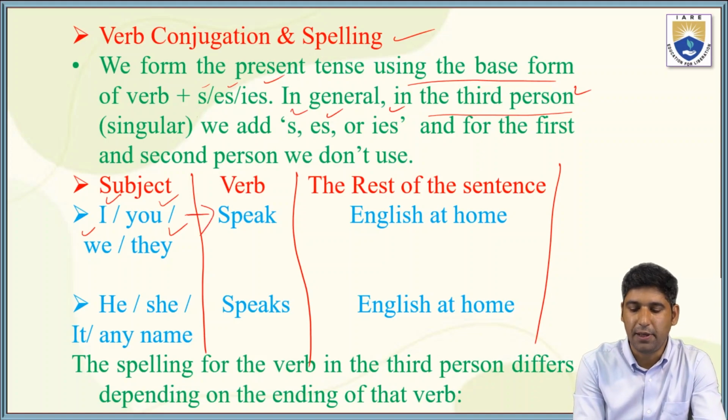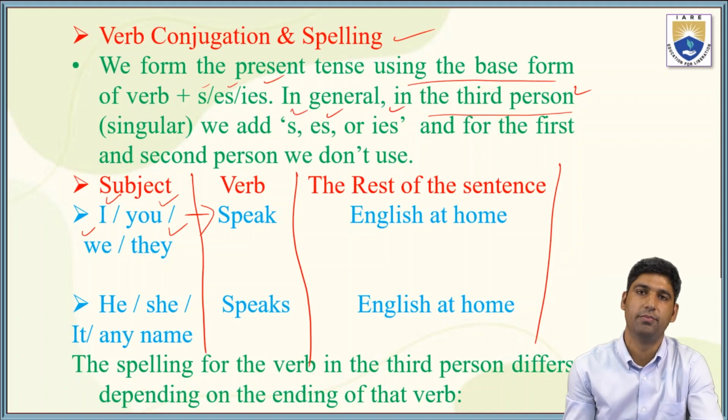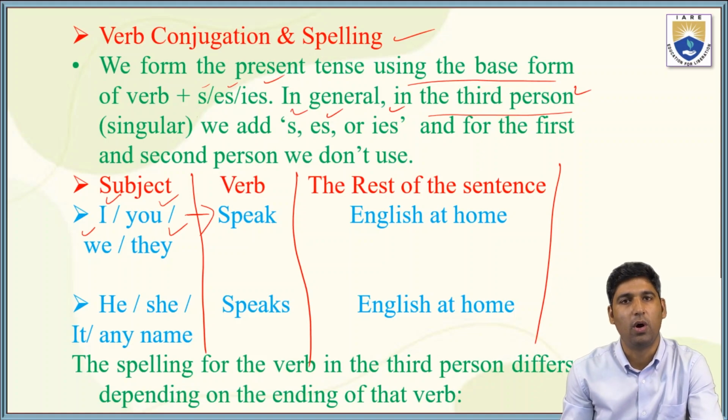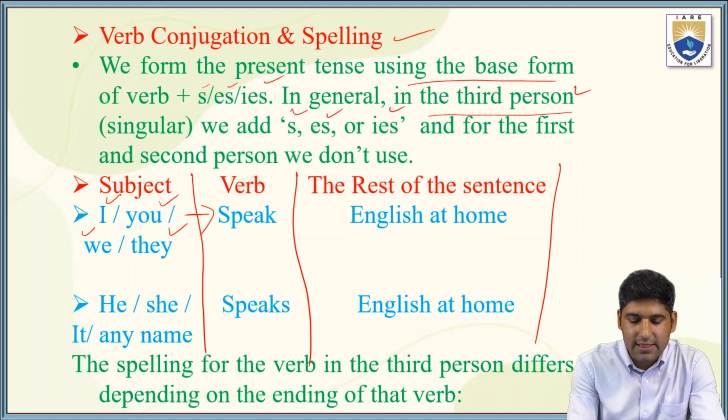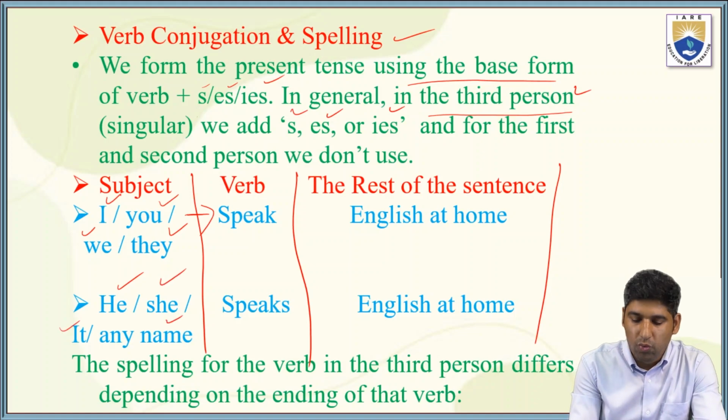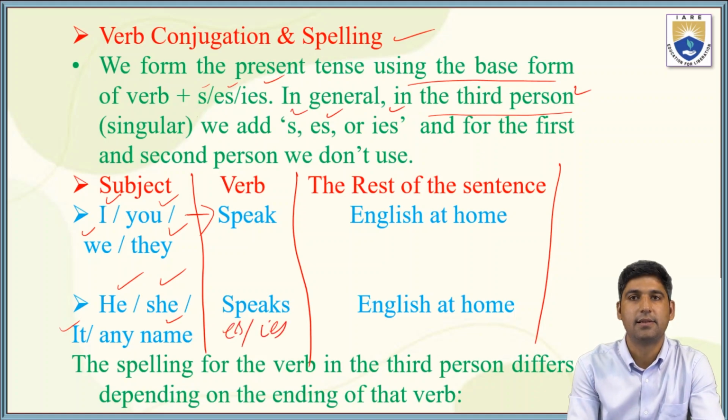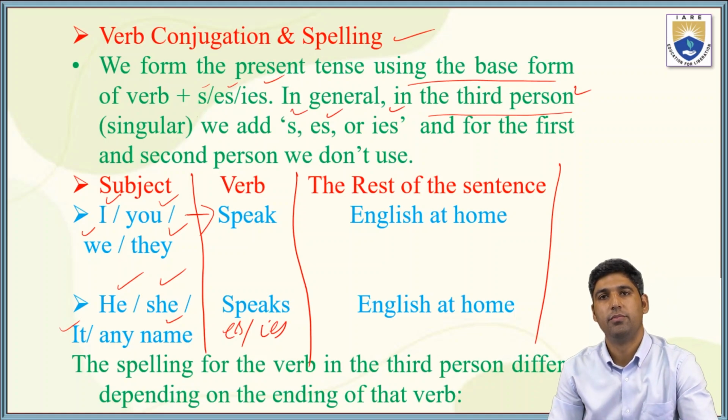It is: I speak, you speak, we speak, they speak English at home. So there is no change in the verb. Now when the subject is third person singular, he, she, it or any name, the verb requires s, es or ies. Here it became: he speaks English at home.